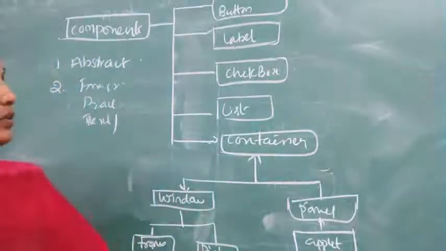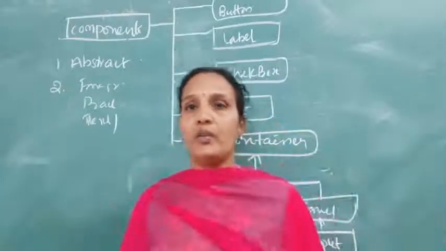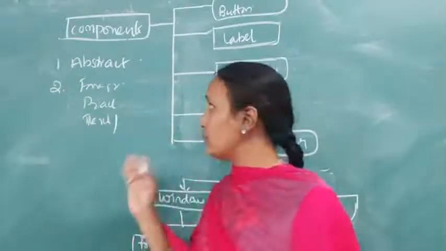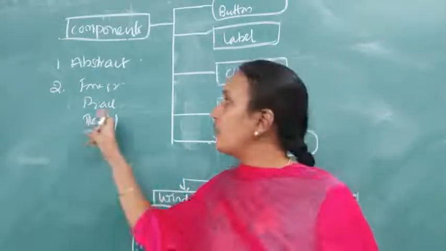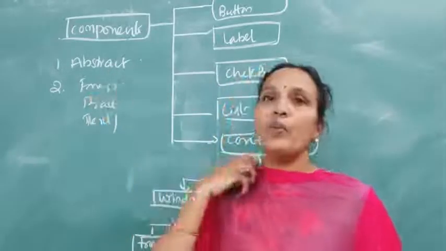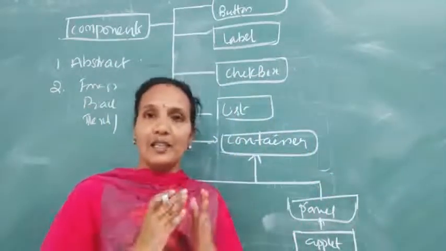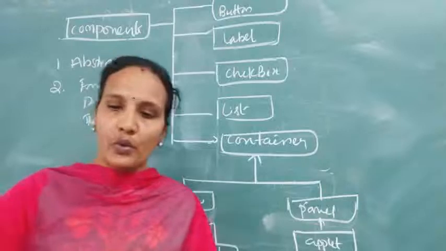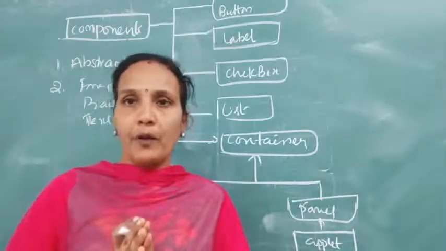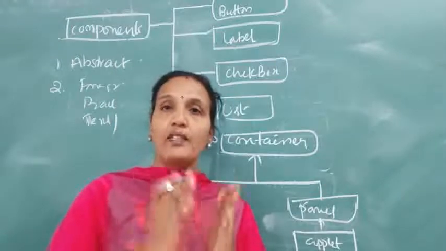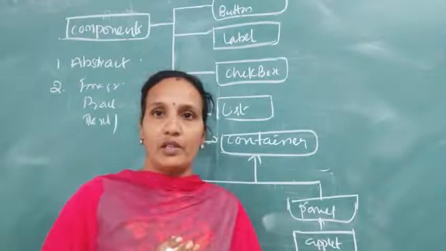Understood? And what components are used in the current window, and the foreground color, background color, text color, text style. Everything is stored by the component object. The component class object is responsible for storing complete information about the components, the foreground, background and text information.